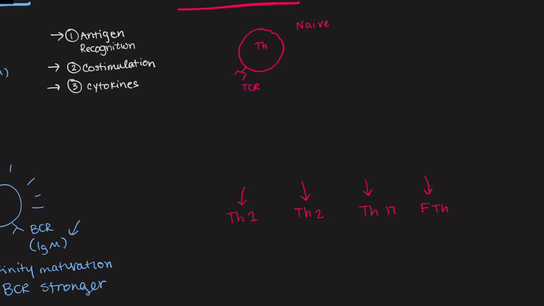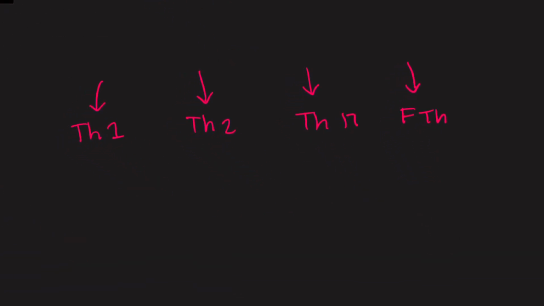So for example, Th1 helper cells, so T helper cells type 1, are best for fighting intracellular pathogens. And whenever I think of intracellular pathogens, I'm really thinking about viruses as the main example.